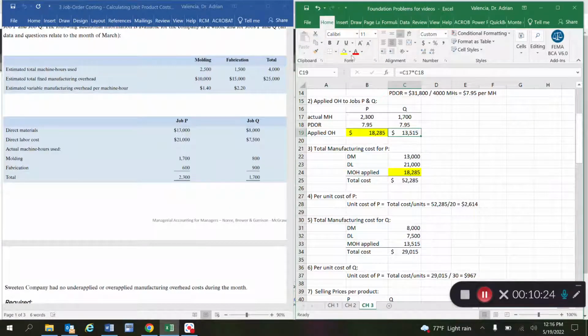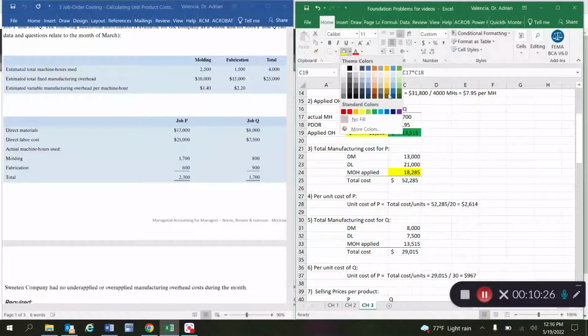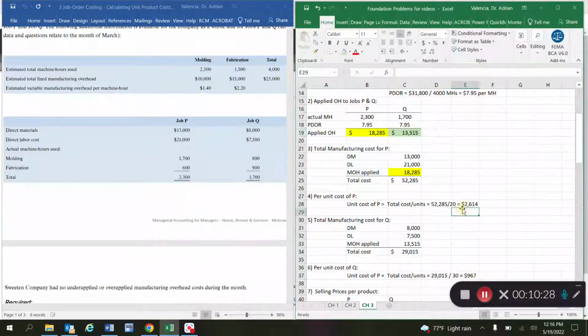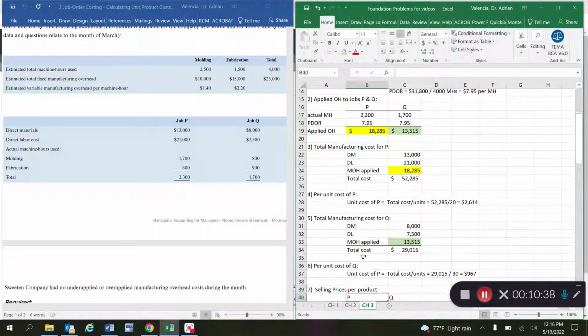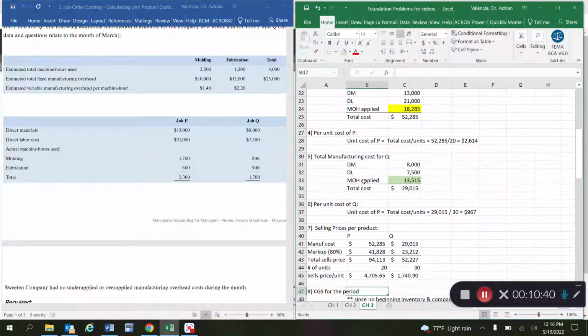That's the amount we applied to job Q in terms of overhead. Okay, so we did this in question number 2. So we're basically going in there and saying, okay, let's estimate that 13,515 as part of the cost of the product, and it ends up being that job Q has a total estimated cost of 29,000 roughly.